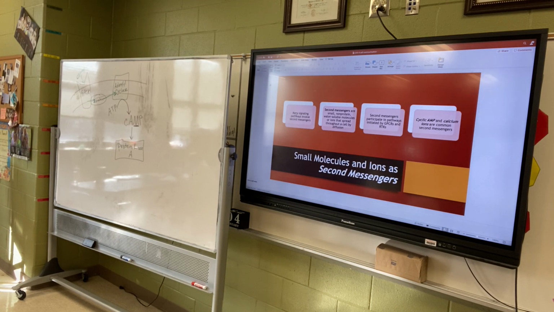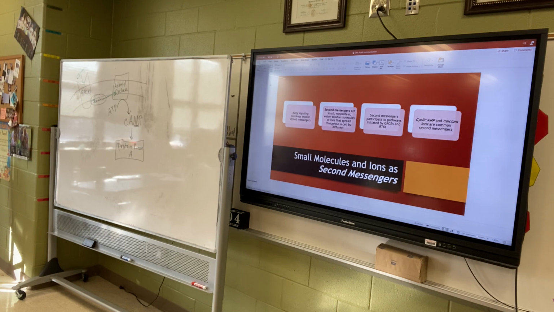But when something is created or activated that is not a protein, and its job is to send the signal on, that's why we call it a second messenger. If the message is going from protein to protein to protein, that's just a relay protein. But if the message ends up with something that is not a protein, and its job is to continue to send the message, then we call it a second messenger.